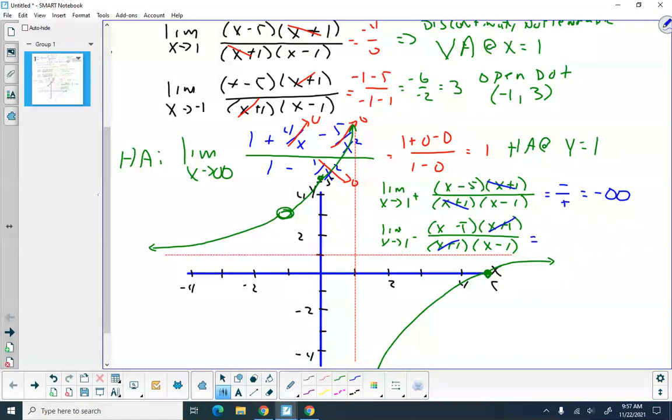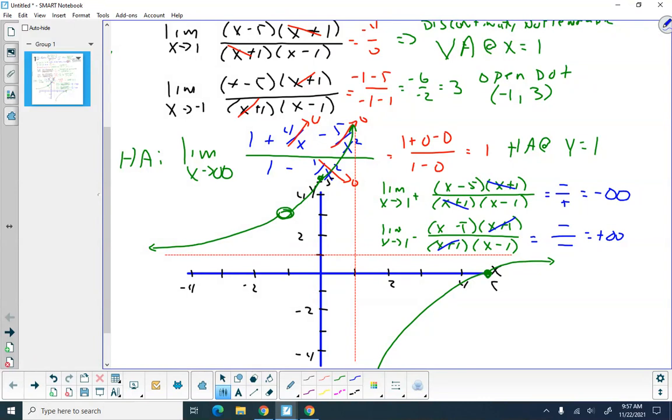These will cancel out still. As I approach the value of 1 from the left, I'm still going to get negative on top, but now these are values that are smaller than 1, 0.9, 0.99, 0.9999, and so on. This will give me a negative on the bottom because I'm subtracting it off 1. So I have negative divided by negative, which tells us a positive infinity.